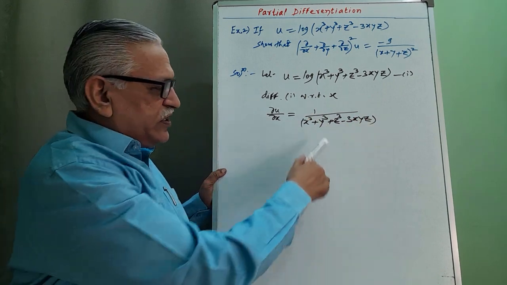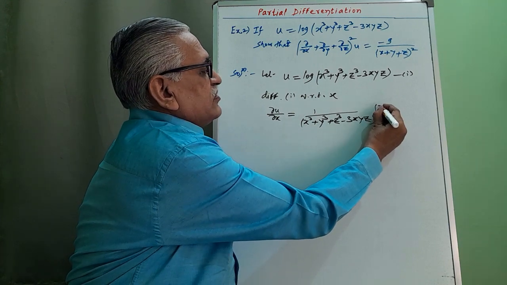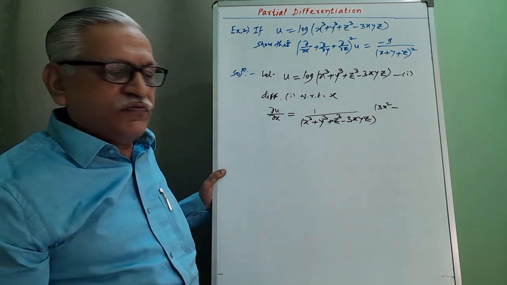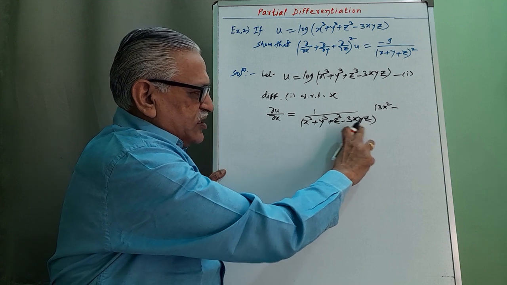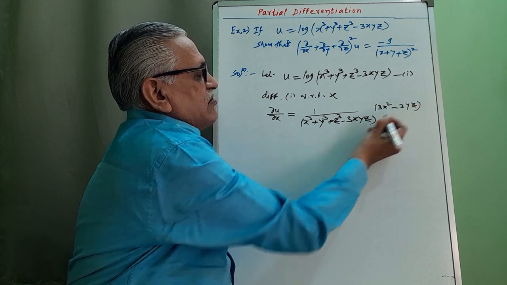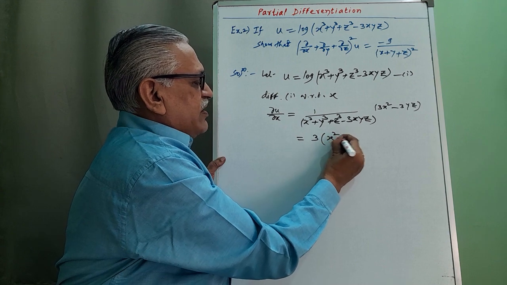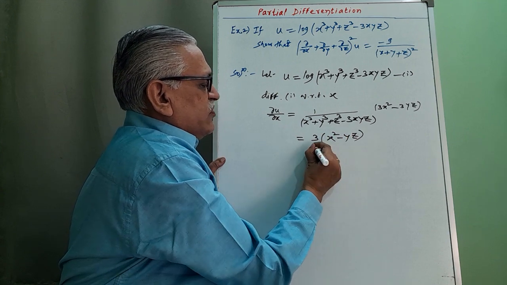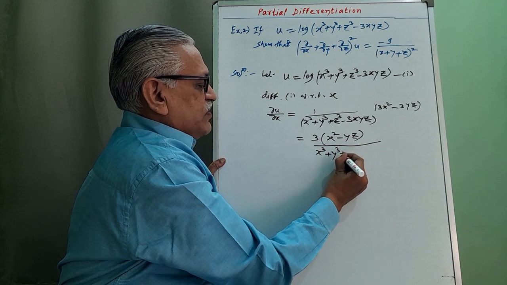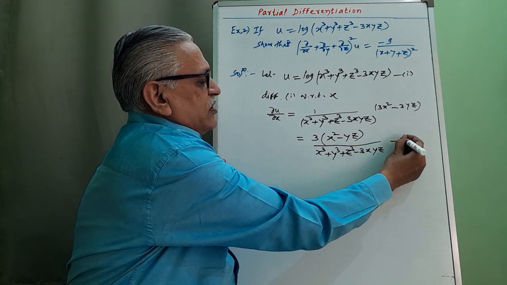By the chain rule, differentiating this with respect to x, keeping y and z constant, the derivative of x cube is 3x squared, and y and z have derivative 0. Differentiation of the last term is minus 3yz. Rewriting it by taking 3 common, we get 3 times (x squared minus yz) whole divided by x cube plus y cube plus z cube minus 3xyz. We call this equation 2.